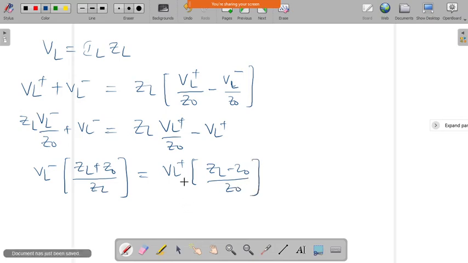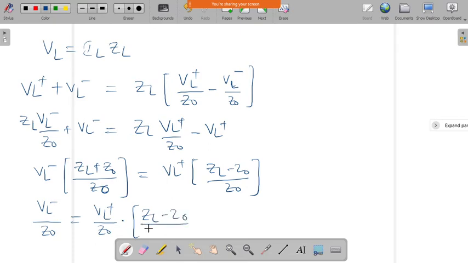So if I take VL minus divided by Z0 and send (ZL plus Z0) this side, we get VL plus by Z0 into (ZL minus Z0) divided by (ZL plus Z0).